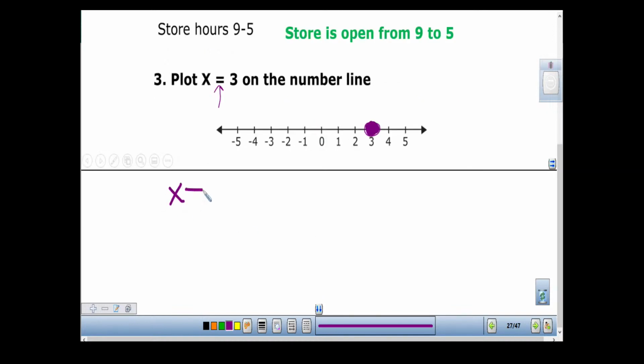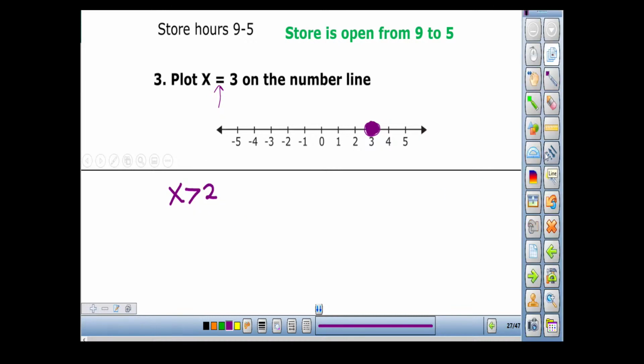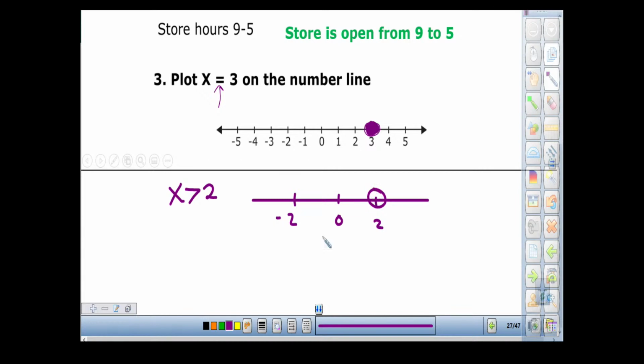Plot x is greater than 2. Well, I'm going to go here. I'm going to label -2, 0, 2, and I will go to the 2 and look. Do I have equal to? No, you don't, Armani. It just says greater than.